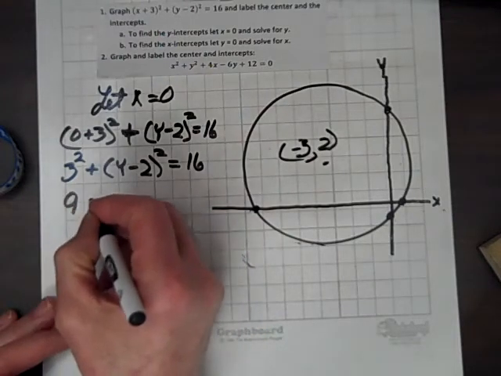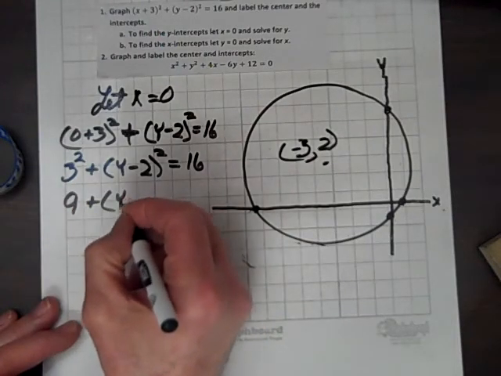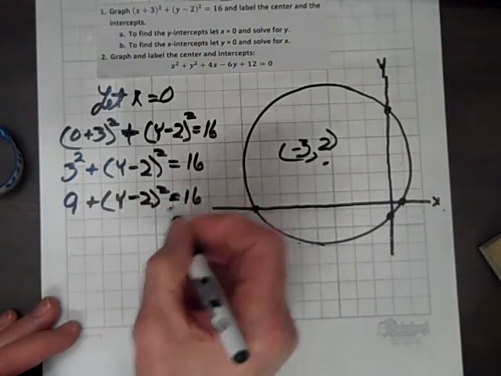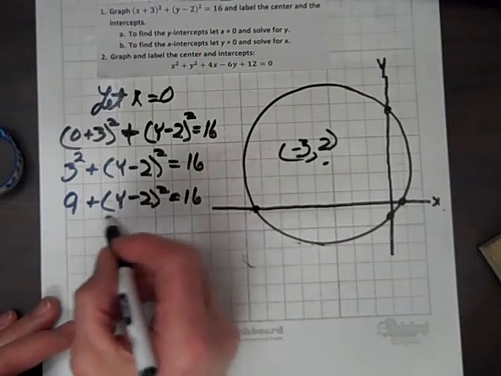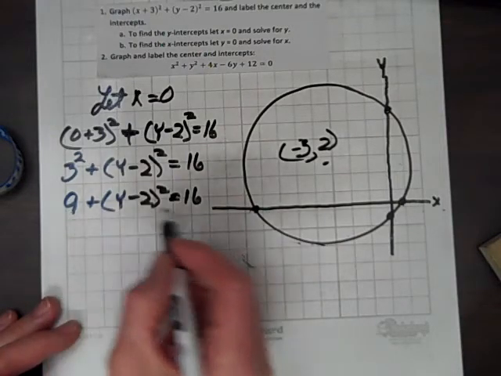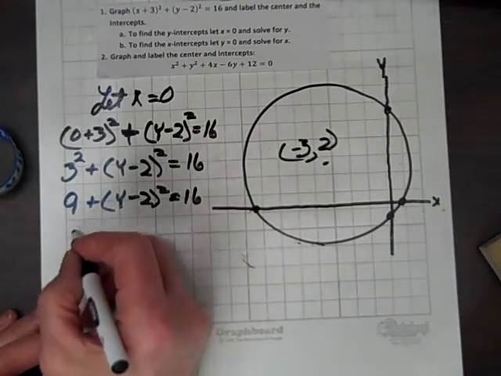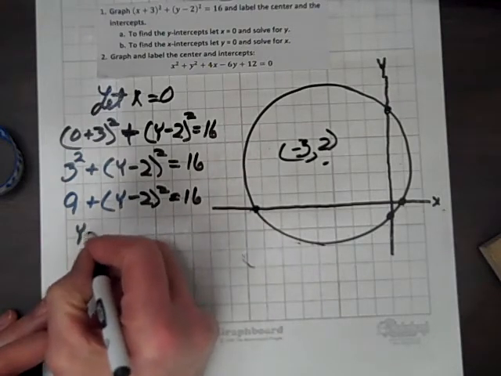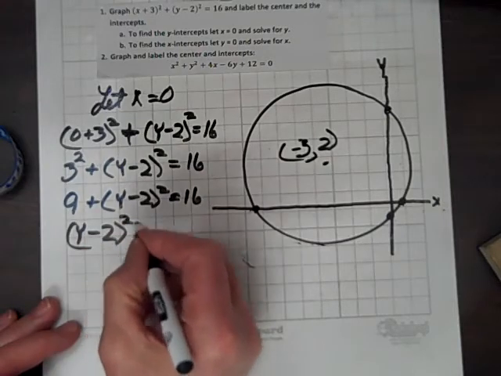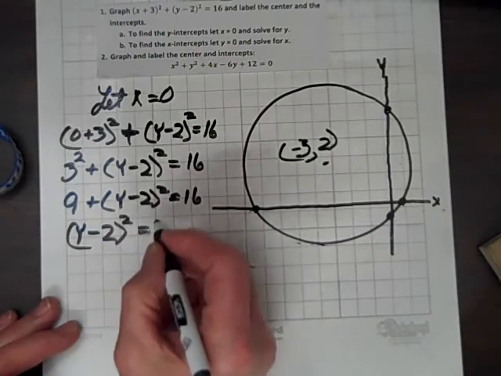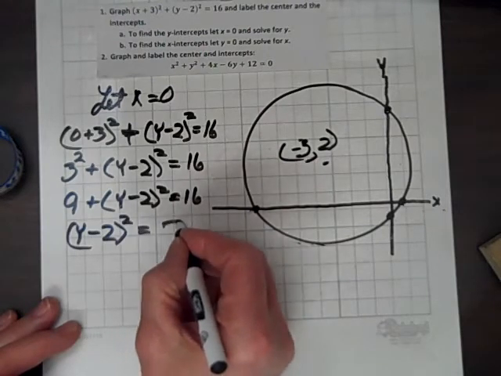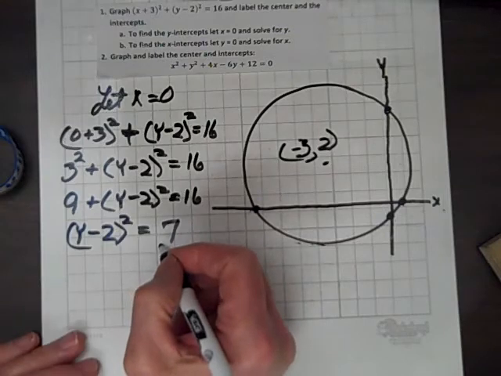That is, we have 9 + (y − 2)² = 16. So we want to isolate the term with y in it, so we'll subtract 9 from both sides. Subtracting 9 from the left side, we're left with (y − 2)². And subtracting 9 from 16, we have a 7 left.